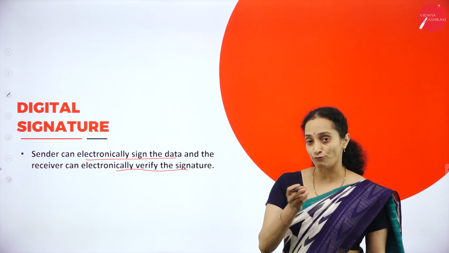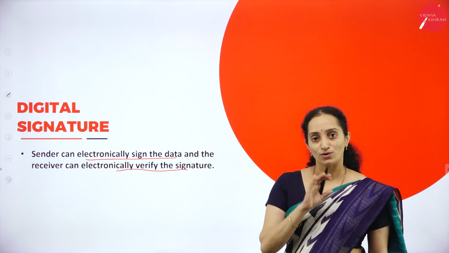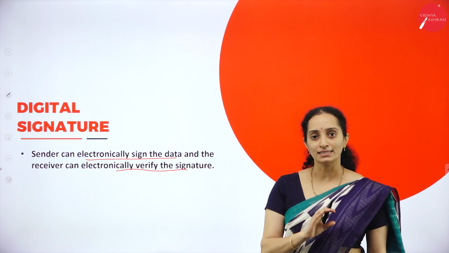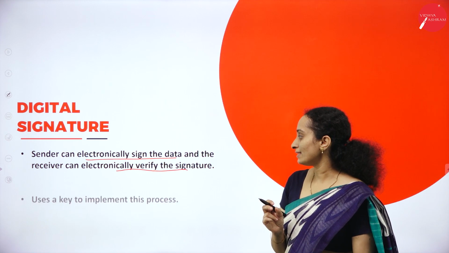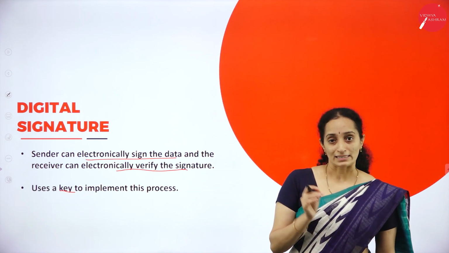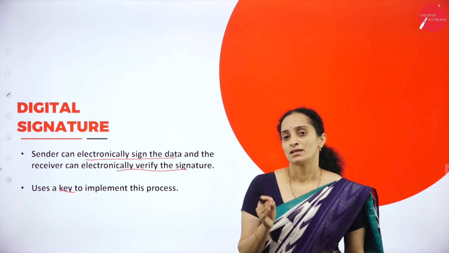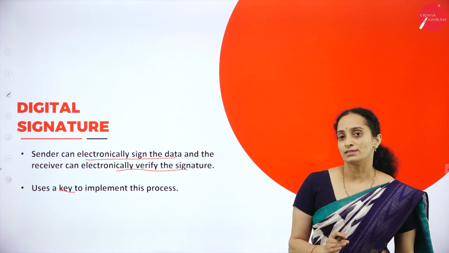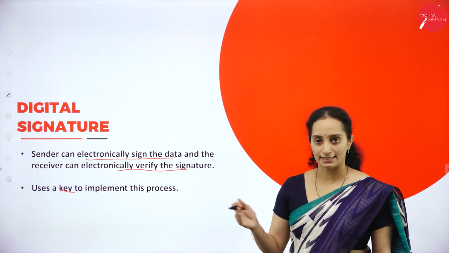The attacker will not know of that message. Along with the original data or the message, the sender will send a key, private key or secret key, which will be known only to the sender and the receiver.